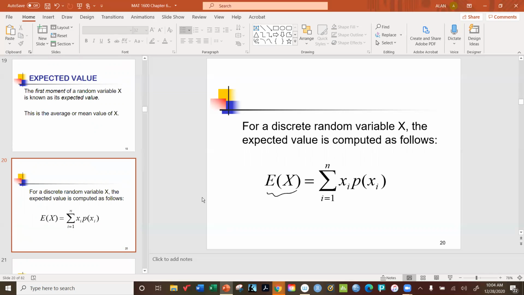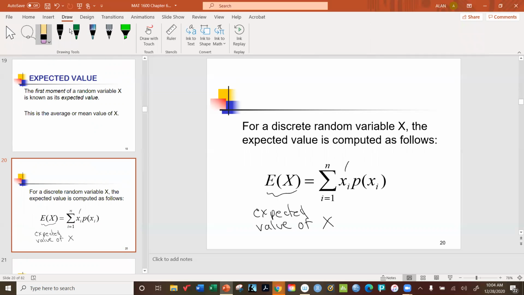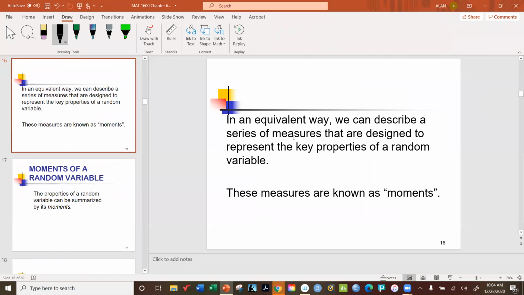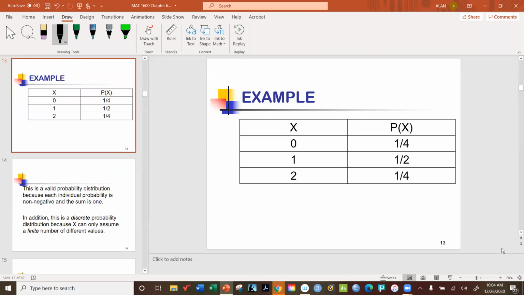This E(X) stands for the expected value of X. These x's are the different possible values of the random variable X. If we go back and revisit the chart I created, you could think of the first one as x1, x2, and x3.